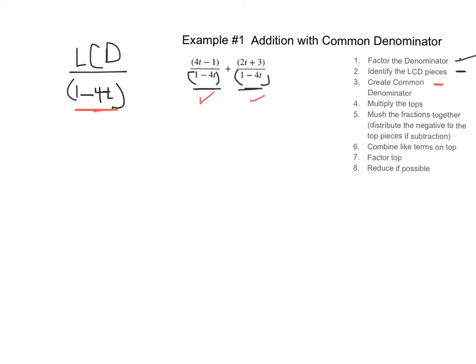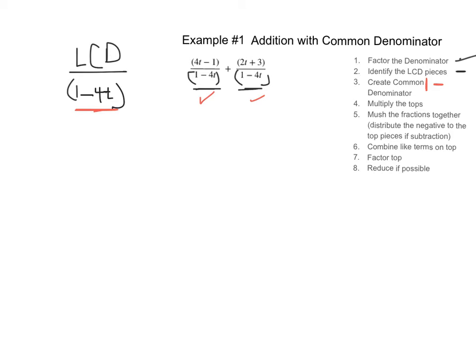Now this we're not going to see so much here because we have a common denominator already. Create the common denominator. I don't have to because we already have a common denominator. This one we're going to see in the next video when we have uncommon denominators.